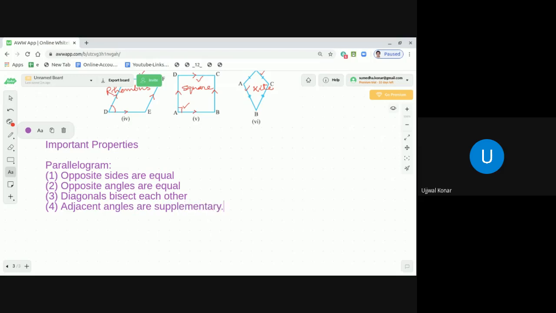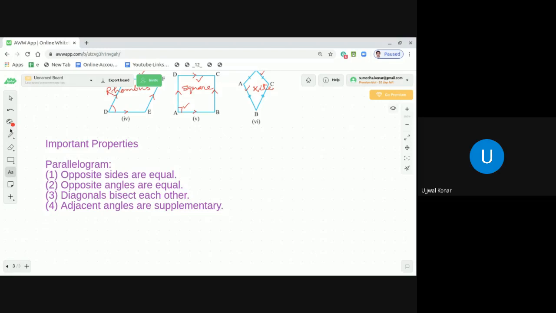So these are the 4 important properties of a parallelogram. If anyone has any doubt, let me know. But the proof of all these things, I leave it to you. I want you to prove it. Correct, dear students? Clear?